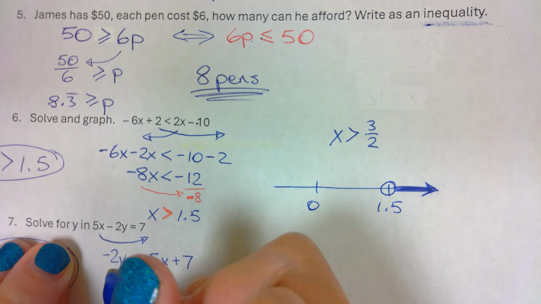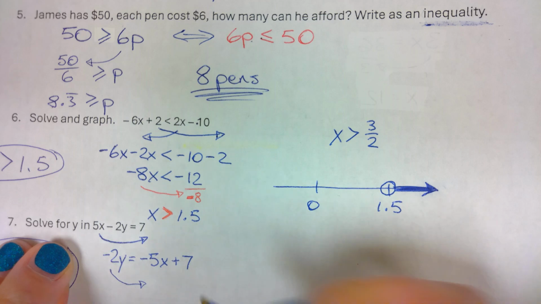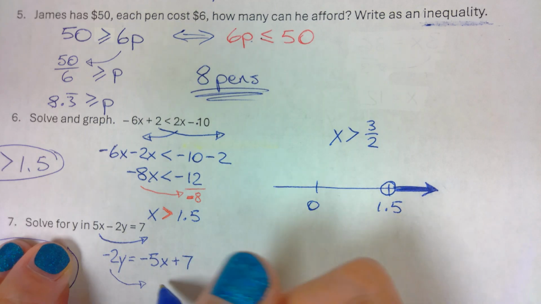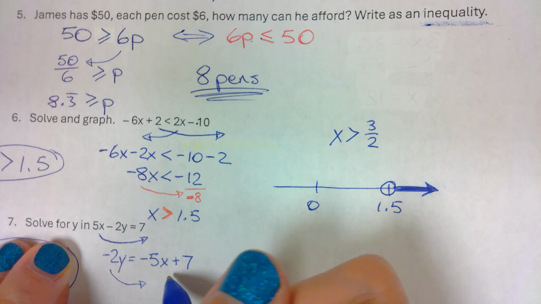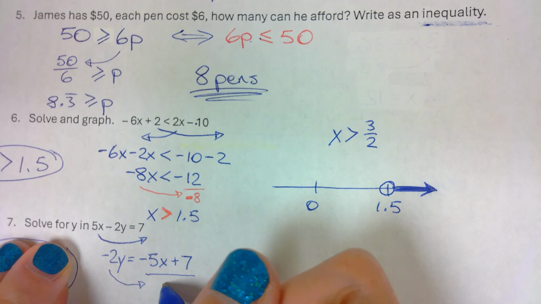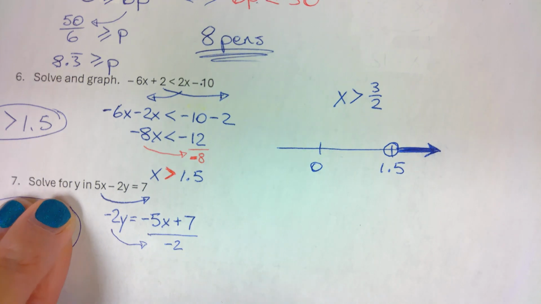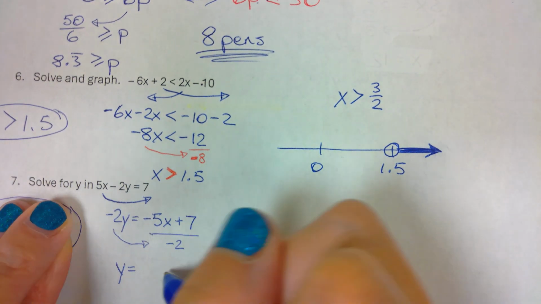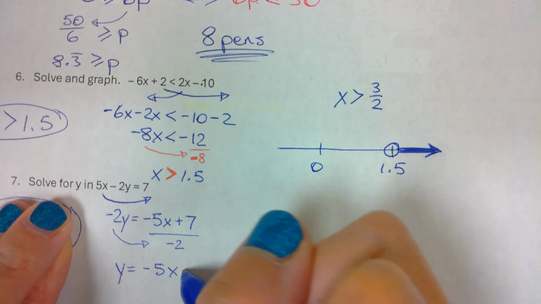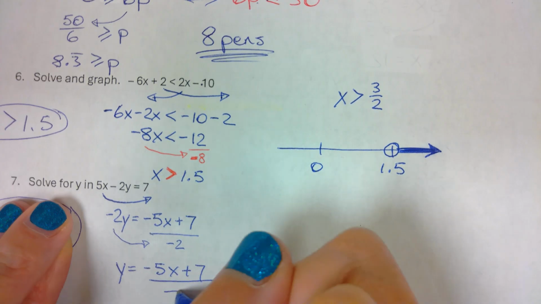And then last step is just like how we would normally do it, is divide by -2. Make sure you're dividing everything by -2. You're dividing the whole right side. So your final answer is y equals -5x plus 7 over -2.